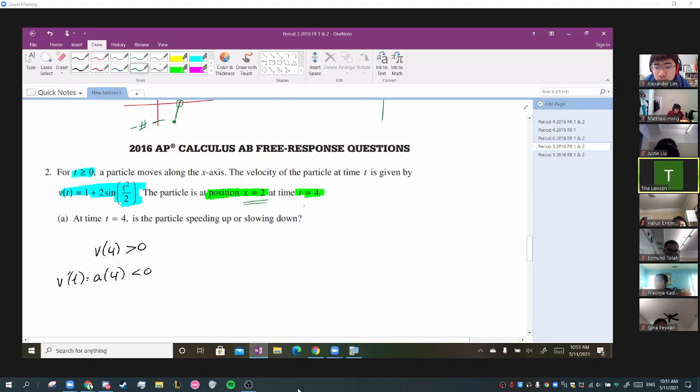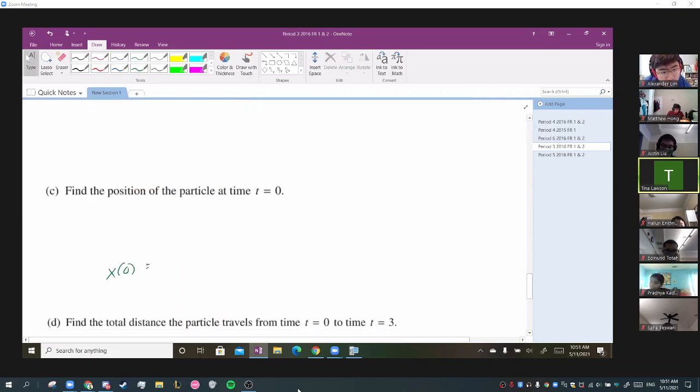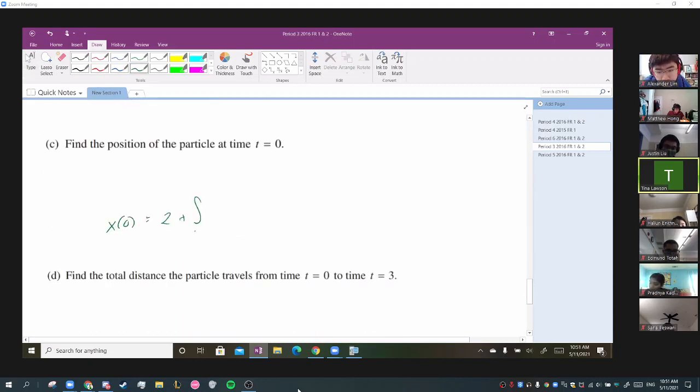At x equals 2, the time was 4. That's what I call a start. So when position is 2 at time 4, I'm going to accumulate the change of the position from 4 to 0, because that's what I'm trying to do here.